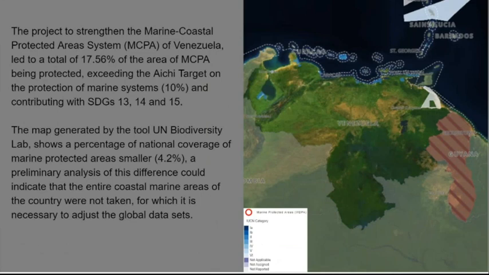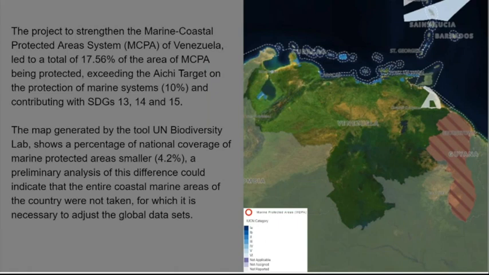The project to strengthen the marine coastal protected areas system of Venezuela led to a total of 17.56% of the area of MCPA being protected, exceeding the target on the protection of marine systems, 10%, and contributing to SDGs 13, 14, and 15.